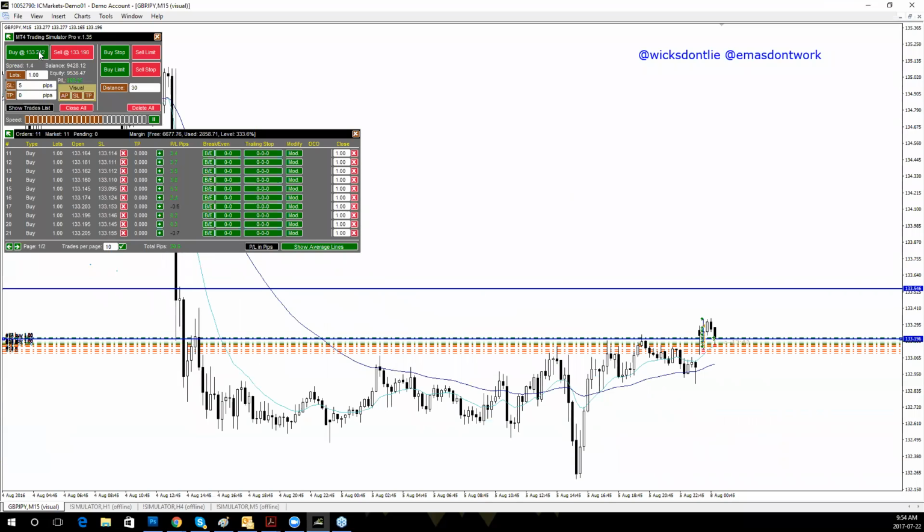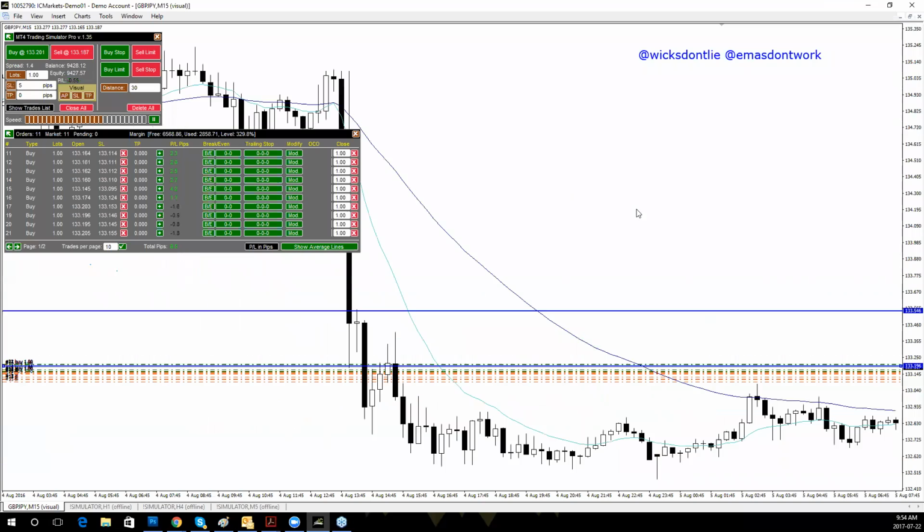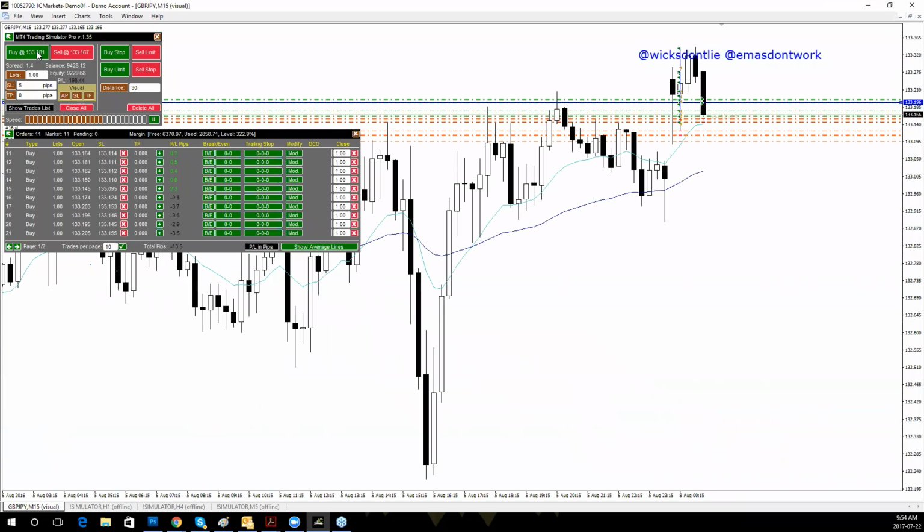Oh, look, it's respecting this EMA right over here. It should just bounce back up. Because EMAs don't work, you know? They never will. They never work.